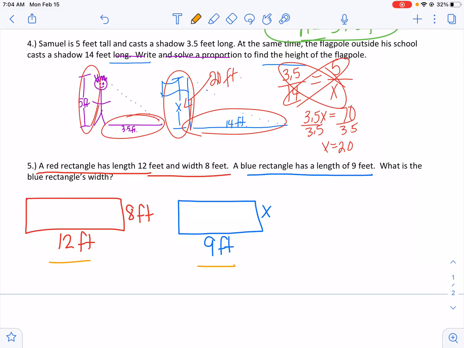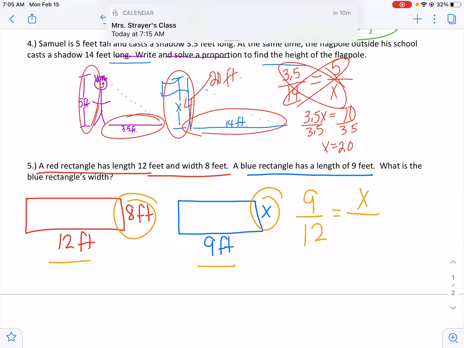This way you'll see where the x is going to be in a different location, but we can still solve it. So 9 feet is the length of the blue rectangle, 12 feet is the length of the red rectangle. X is the width of the blue rectangle, and 8 is the width of the red rectangle.